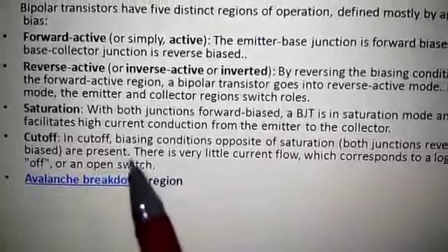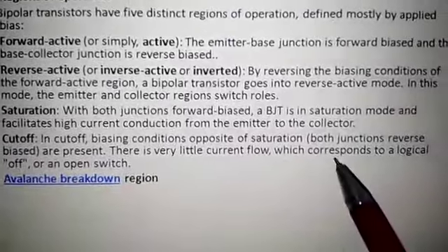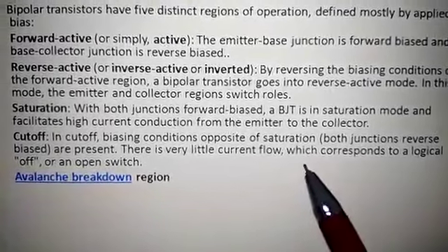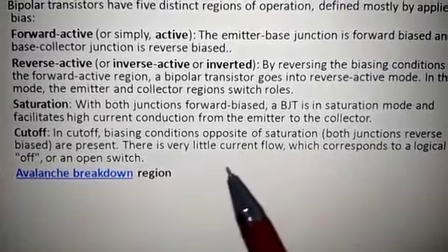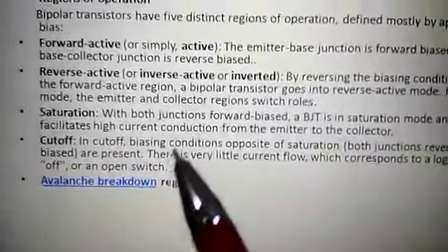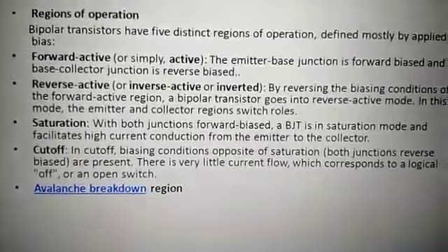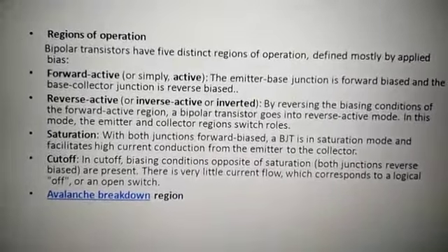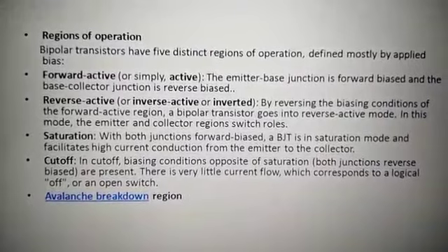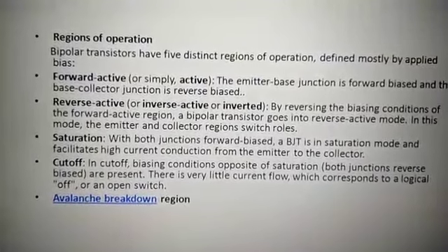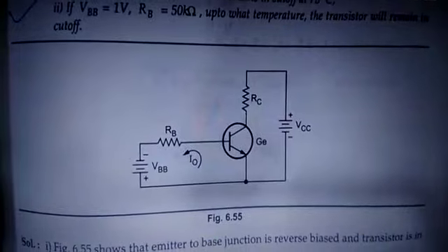And the cutoff: in cutoff, both junctions, base to emitter and base to collector, are reverse biased, and it works like an off switch. Other than this, there may be diode-like behavior such as avalanche breakdown, so we will not go through this. These regions of operation are important for transistors as far as biasing is concerned.